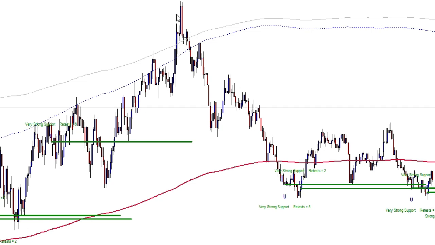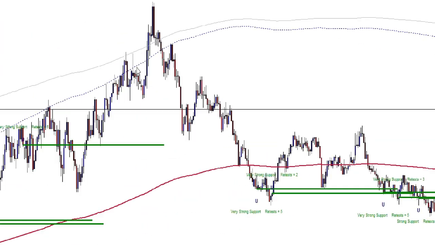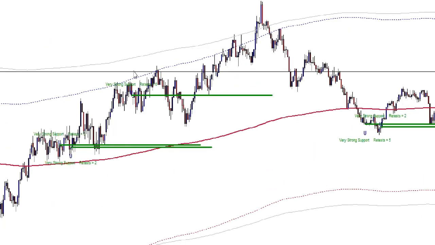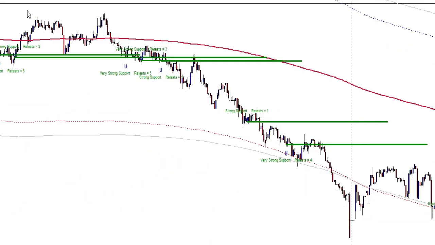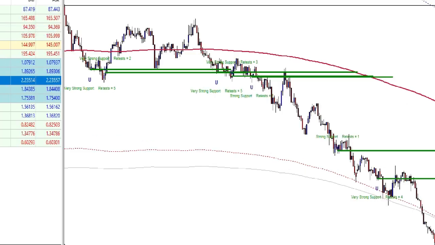That's how we use this. Also, in some cases, we will be using this upper envelope line or this dotted line as a resistance or support. So let's move to some pairs to see if we can get that kind of demonstration.